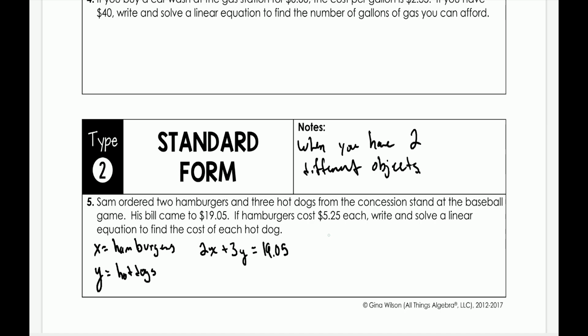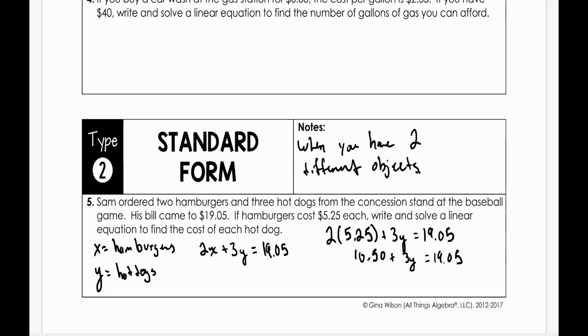So if we do this, we're going to change x to 5.25. 2 times 5.25 plus 3y is equal to 19.05. And we can proceed and do some math. So 2 times 5.25, that's 10.5, plus 3y is equal to 19.05.